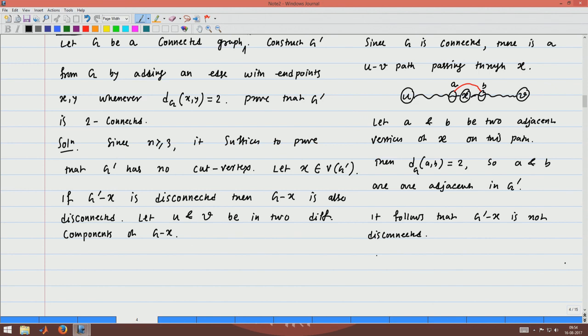So, that means x is not a cut vertex in G prime, right, and x is arbitrarily selected. So, there is no cut vertex in G prime, hence G prime is 2 connected.